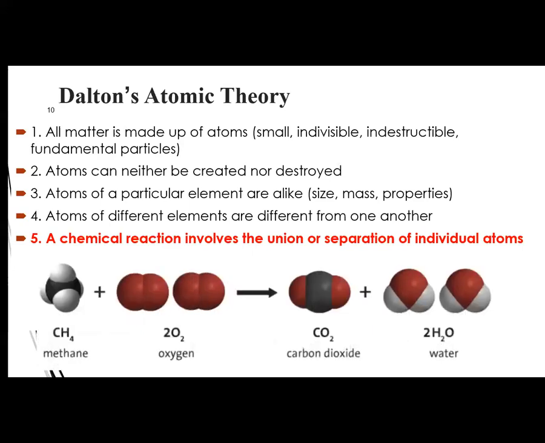This is another diagram of a chemical reaction. This is what we call combustion. So this is methane, which is also known as natural gas. And from there, we're going to react it with two molecules of oxygen gas, and we're going to make carbon dioxide and two water molecules. You can see here how we've now broken apart the different molecules, and we've now created new connections.